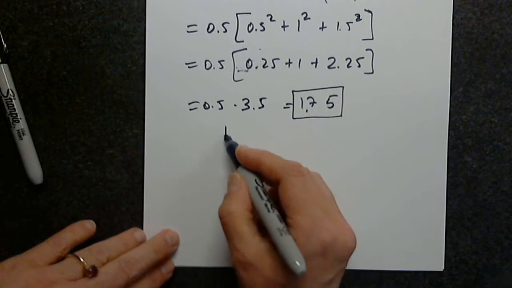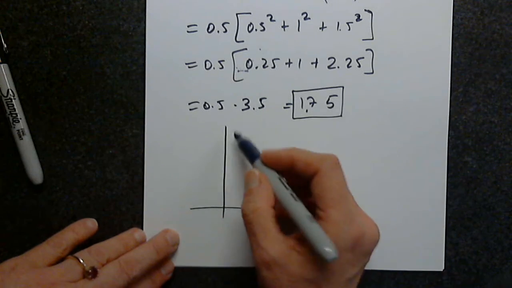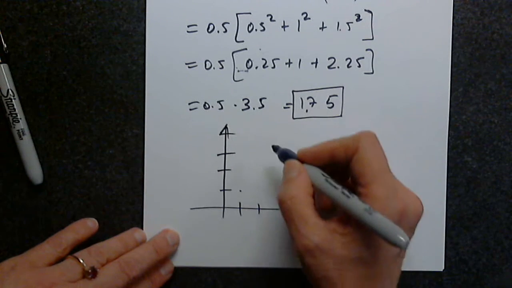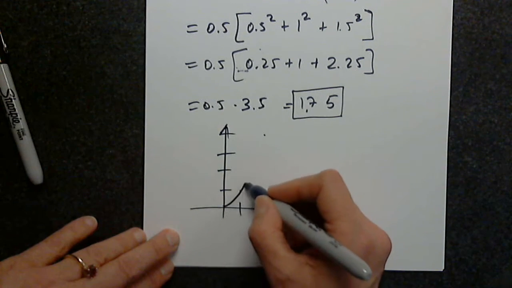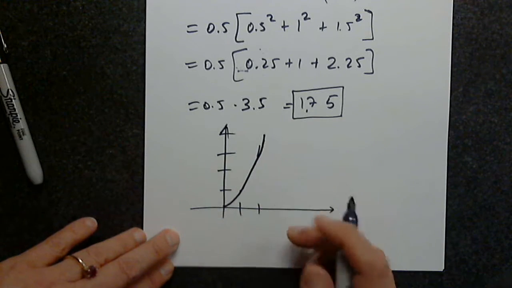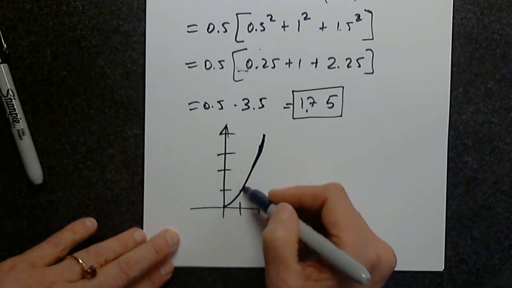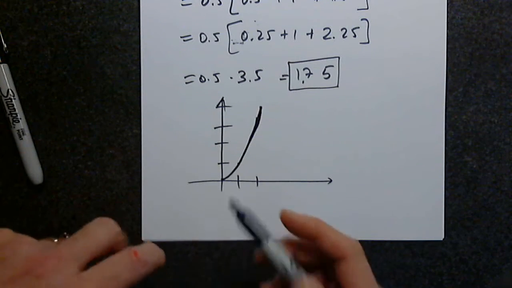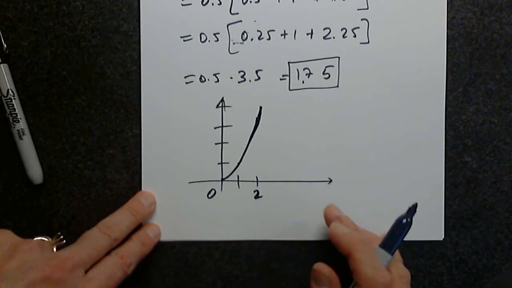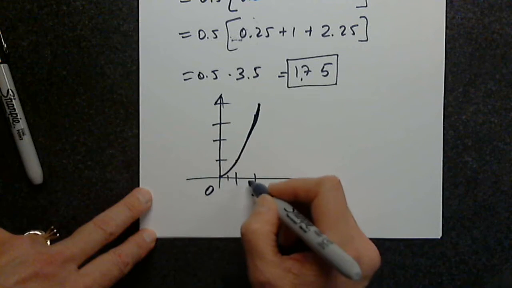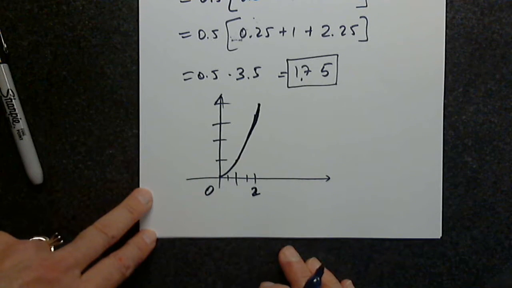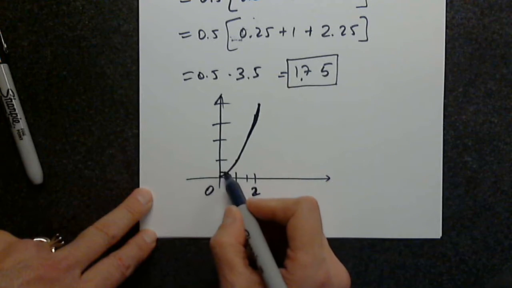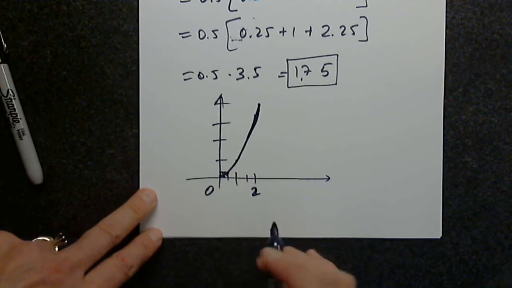Okay, I need a new graph. 1, 2, 3, 4, 1, 2. This is 1 point, this is the other. I graph the same function 1 more time. Oops. This time, we divide the interval between 0 and 2 into still the same 4 subintervals. But this time, we're going to use the rightmost point. Okay, so here is the first area, or rectangle.